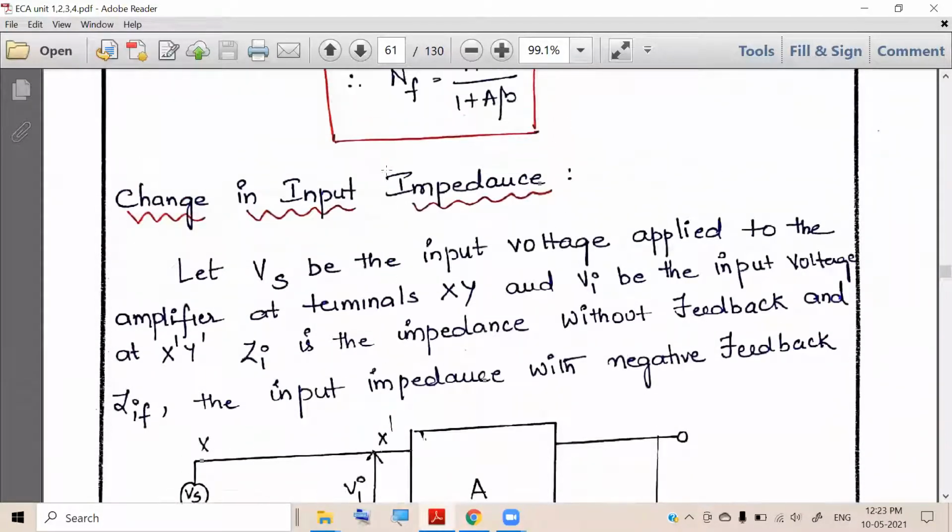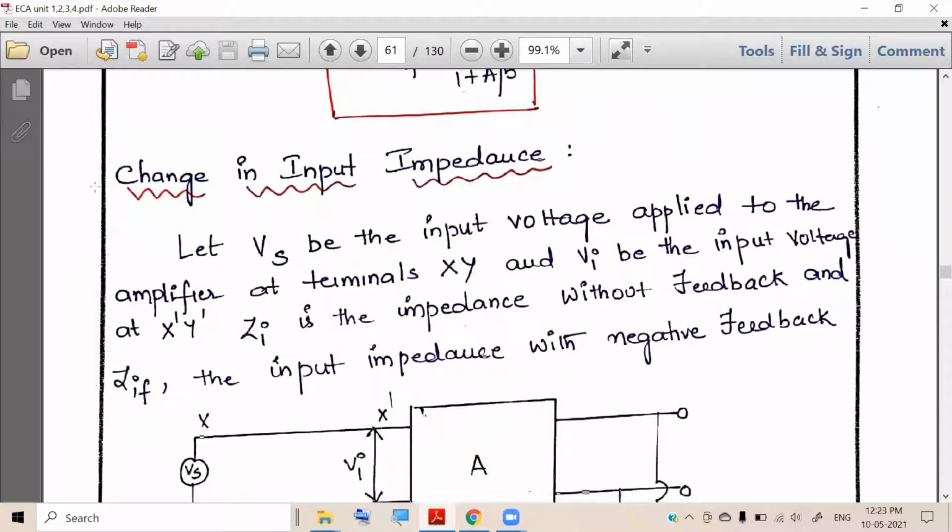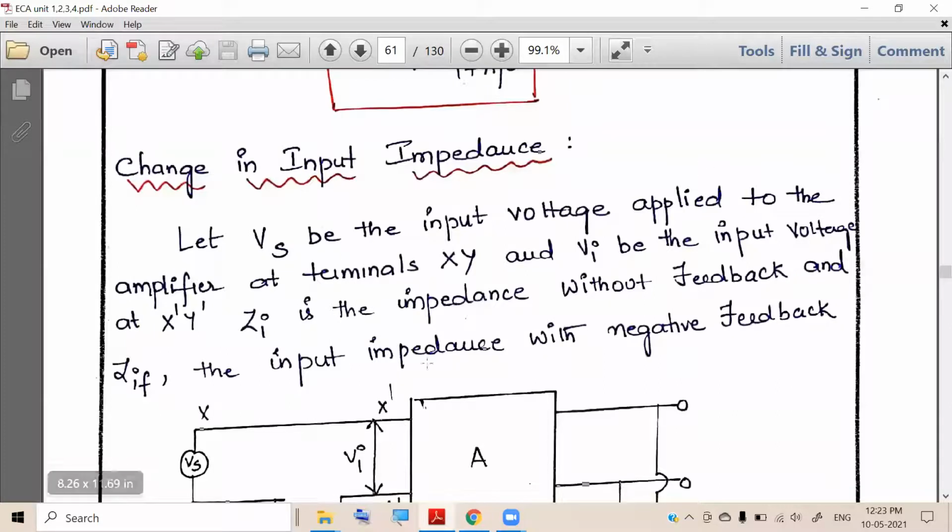So here, change in input impedance we have already completed. Just for your benefit, I am explaining again.